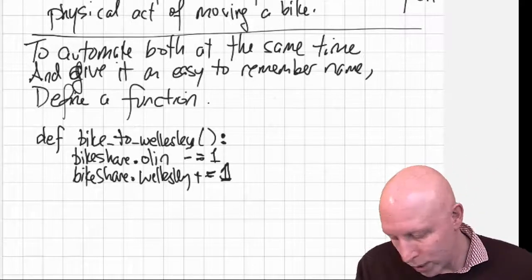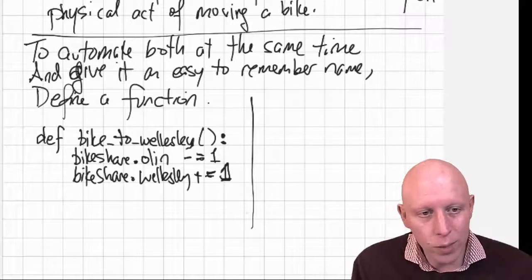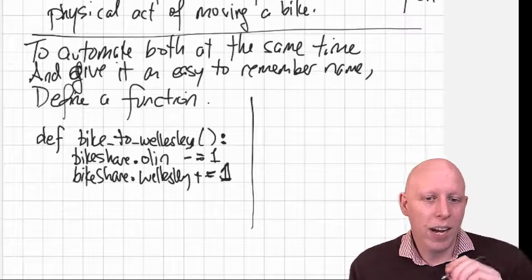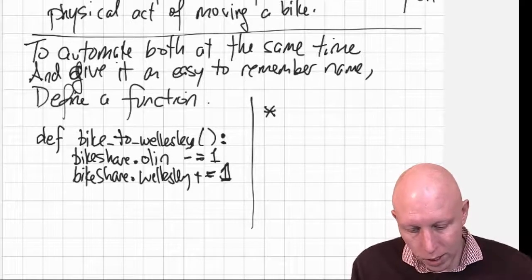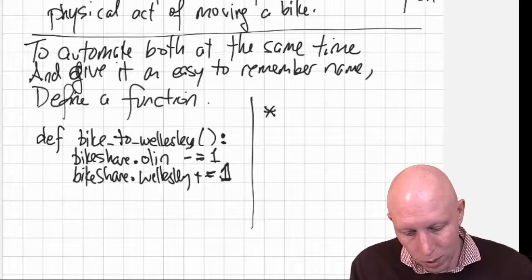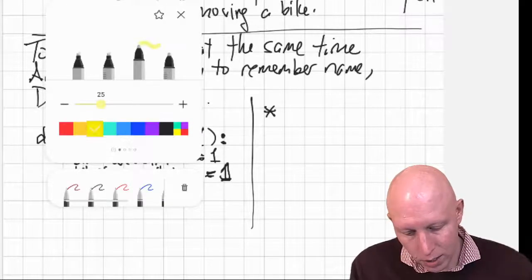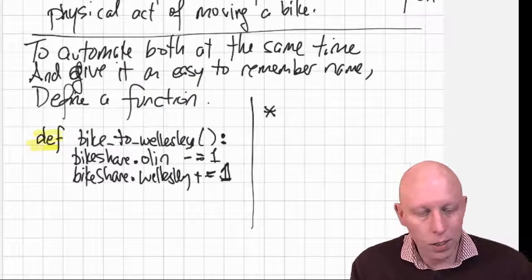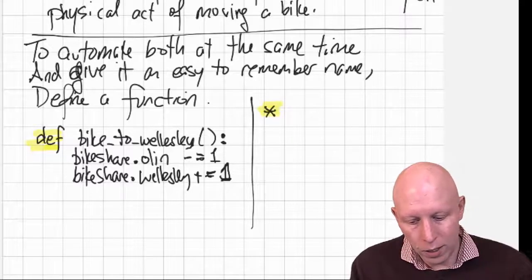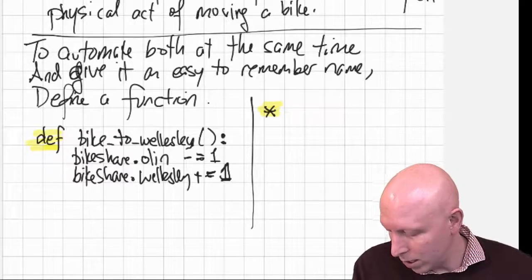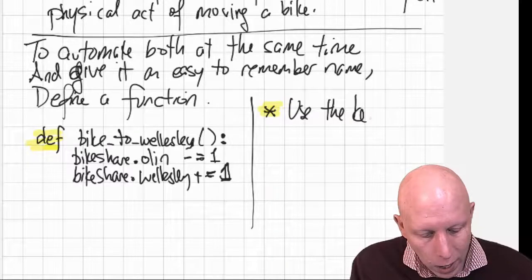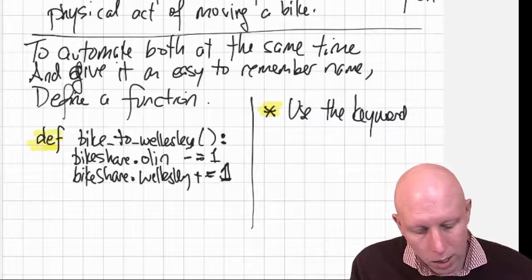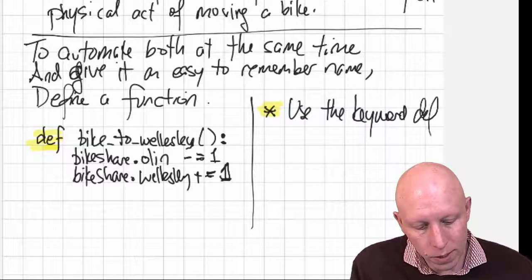So let me put down some key takeaways here, things that you'll have to know anytime you want to define a function. First thing to know: def. You definitely want to know this one. In order to define a function, you need to use the keyword def.